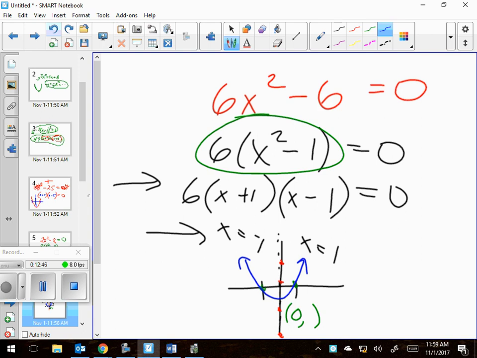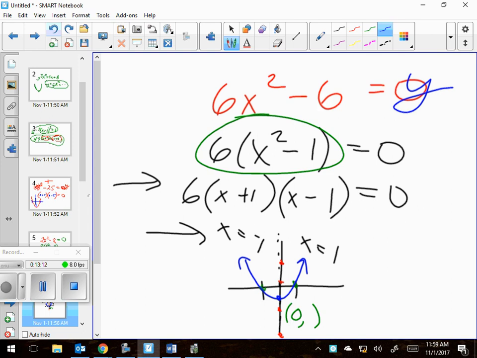I'm feeling like it can't be negative 6. If I stick in 0, do I really get negative 6? If I set that equal to y, then yeah, I do. Do you guys agree it's negative 6?